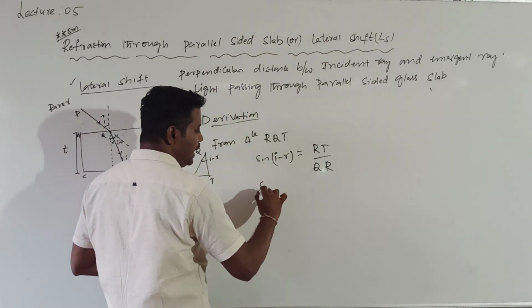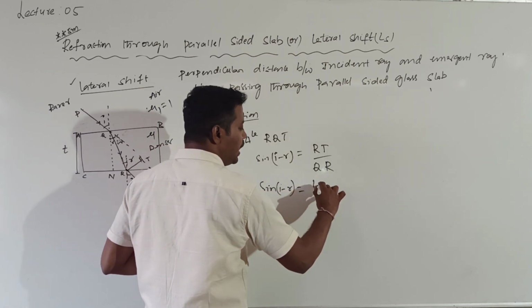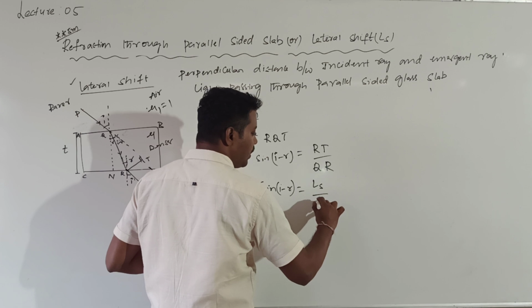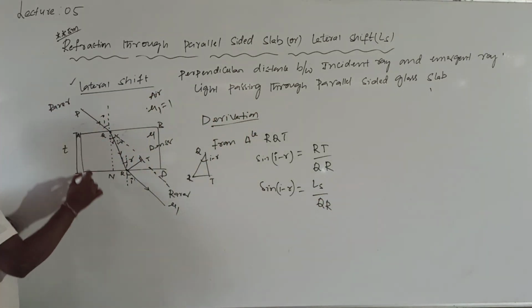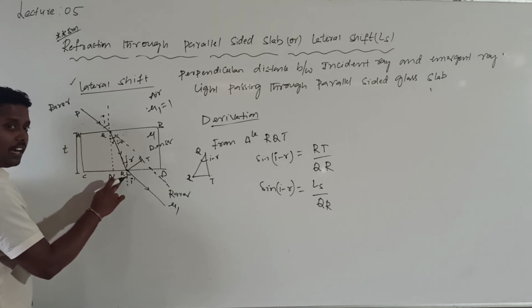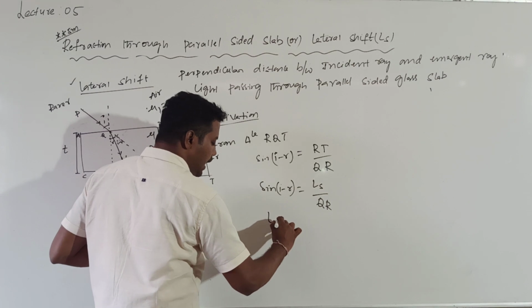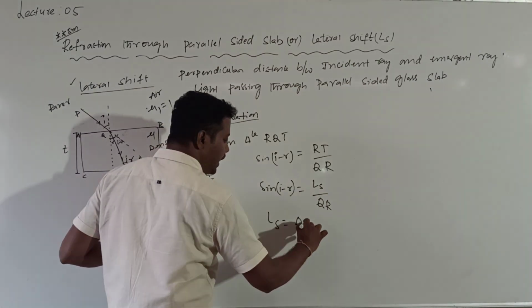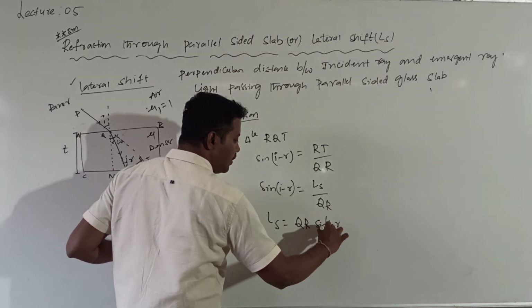So sin(i minus r) is equal to RT, that is LS, by QR. We want to calculate the lateral shift, and lateral shift is nothing but RT. We call RT as LS.